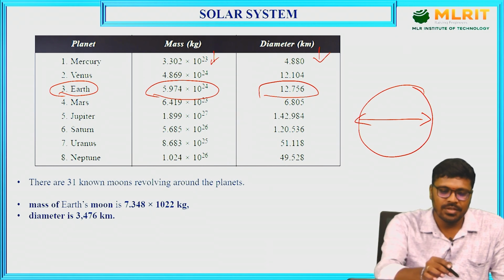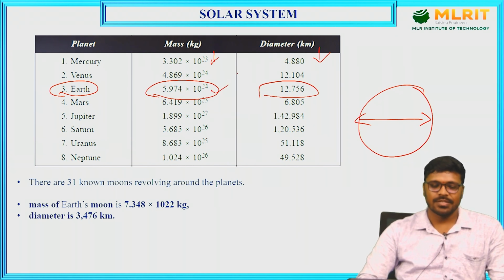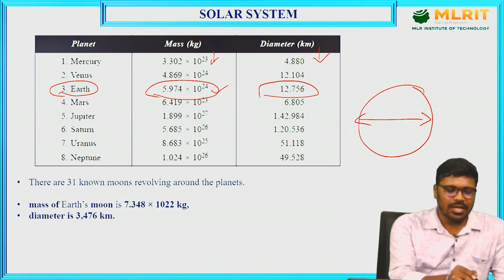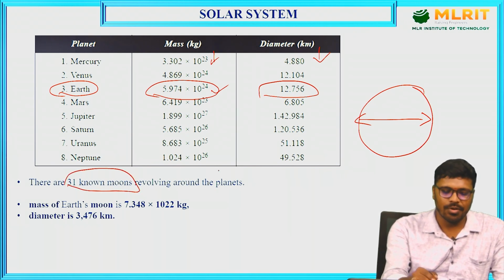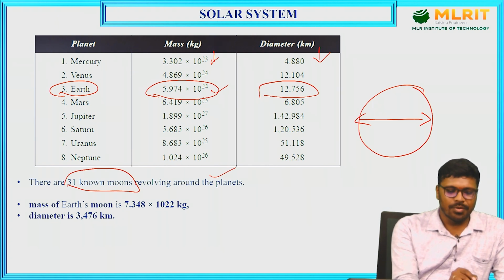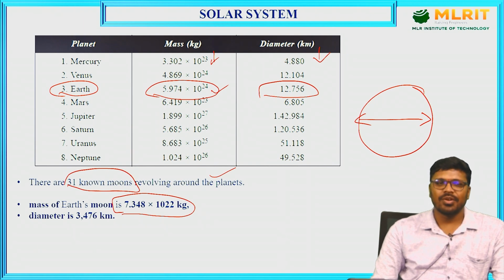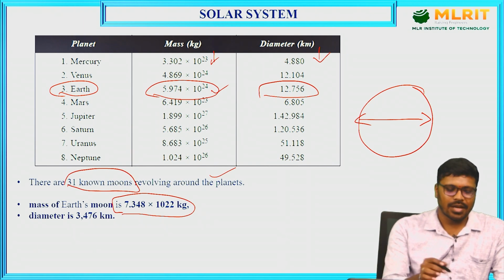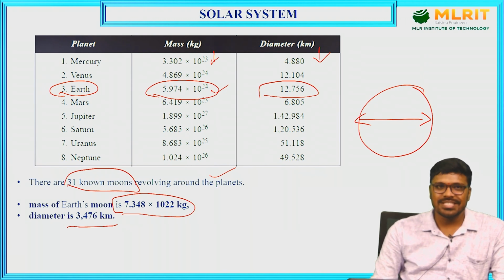Coming to the mass, 5.974 into 10 to the power of 24 kgs, and around 31 known moons, that means satellites, moons revolving around the planets in our solar system. In that, our moon has 7.348 into 10 to the power of 22 kg mass, and coming to the diameter, it is 3,476 kilometers.